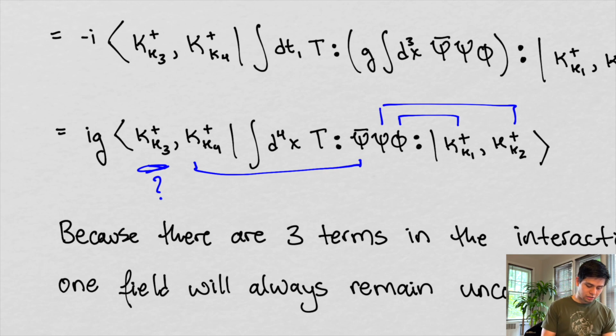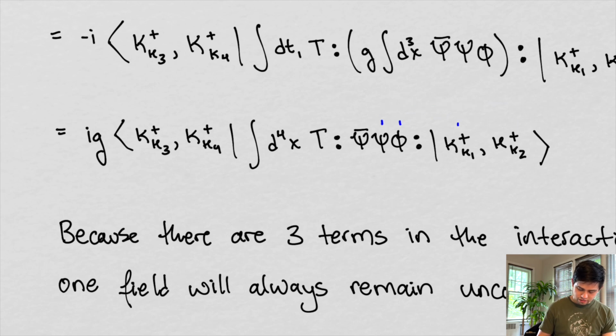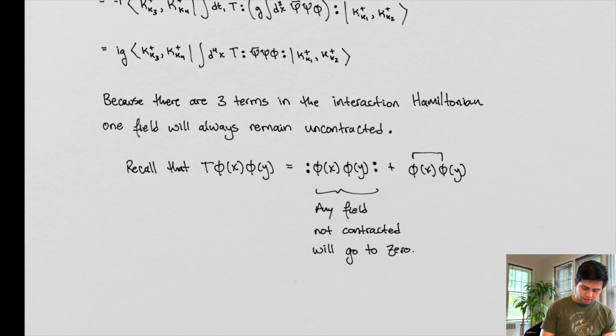So this is interesting because we have something that's never going to be contracted in this first order case. And so what does this leave us? Well, if we come down here, because there's three terms in the interaction Hamiltonian, one field will always remain uncontracted, right? So something is going to always remain uncontracted.